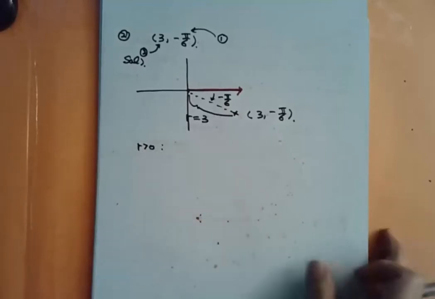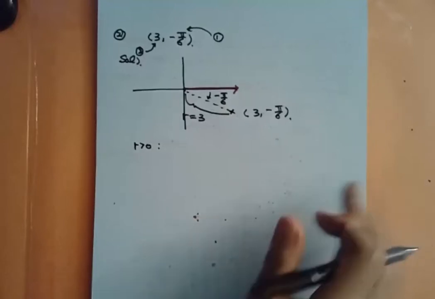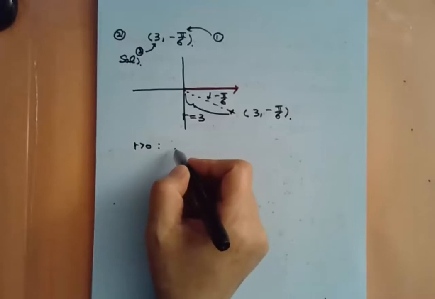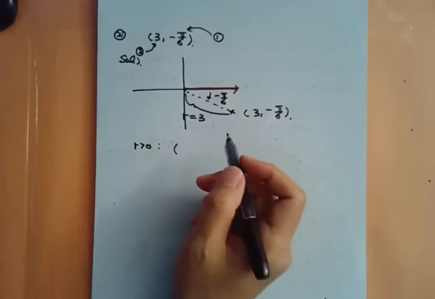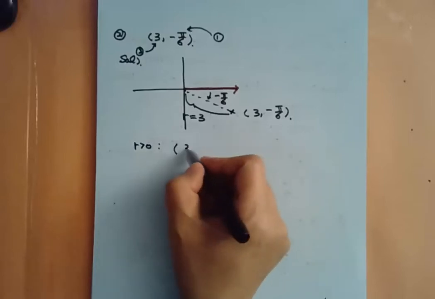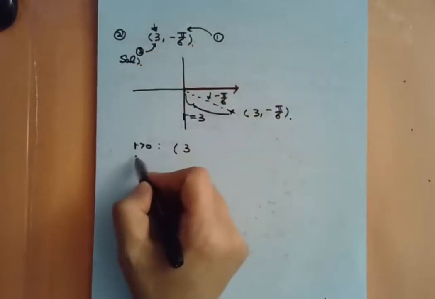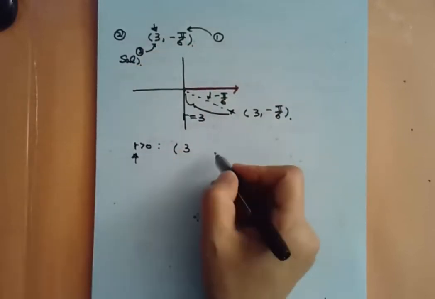So as we have been doing, if r is greater than 0, then we will just look for the coterminal angle, because r is given as a positive number and we are thinking about the same sign r.